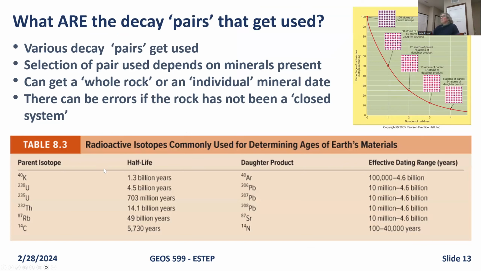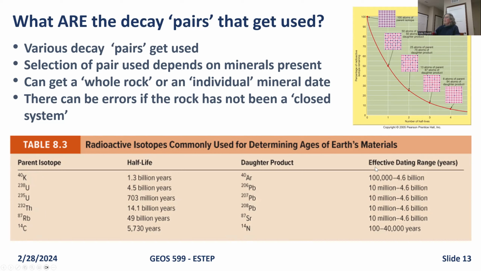Now, let's do a reality check. There are various decay pairs that typically get used, and we're learning more and more about some of these pairs all the time. So here, in this table down here, it gives the parent isotope, the actual half-life, and the daughter product.